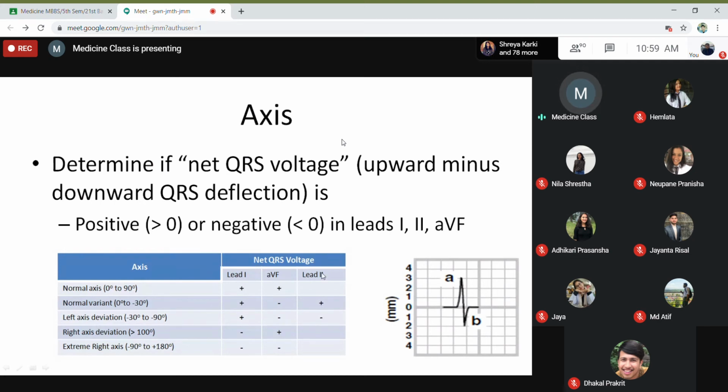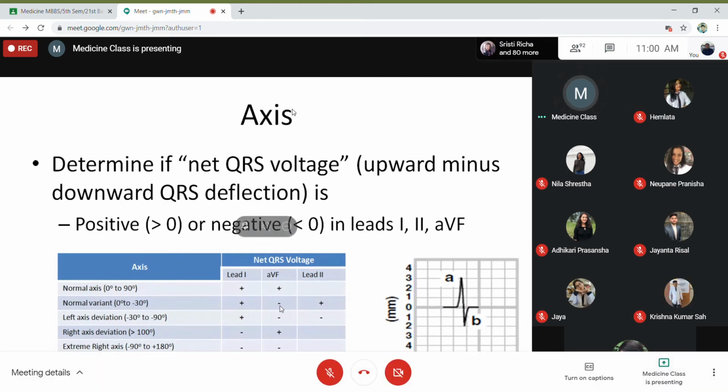Why this is important is that the normal axis doesn't stop at 0 degrees, it goes beyond that up to -30. So if the patient has an ECG axis within 0 to -30, lead 1 will be positive and AVF negative, but lead 2 will always be positive. So to look at this portion of the normal axis, we have to look at lead 2.